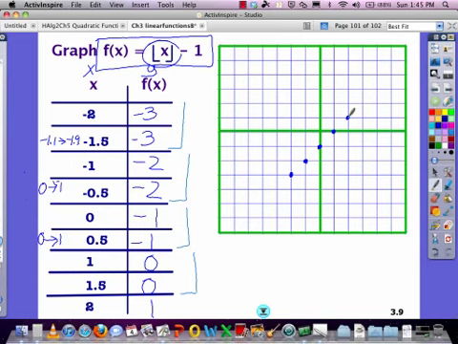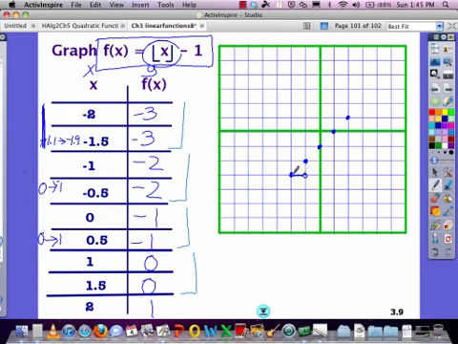So now go back. All the numbers between, and this is what you're looking at, all the x values between negative 1, but not including negative 1, and negative 2. So all the x values between negative 1, not including negative 1, means open circle at negative 1, and all the way to negative 2. So here's all those x values right in here. Make it nice and dark, and they're at negative 3.